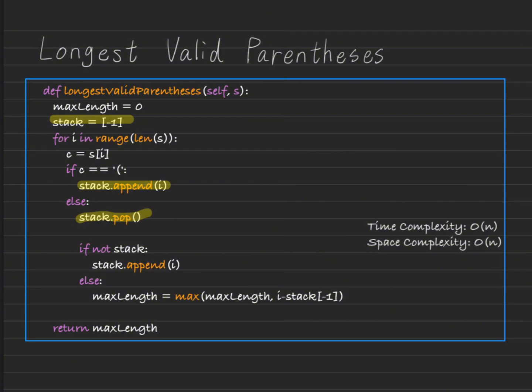If the stack is not empty, we'll calculate and update the max length using the equation mentioned earlier. Otherwise, we'll append the current index to restart the stack. The final time complexity is O of n, as we're only traversing through the string once. And the space complexity is also O of n.